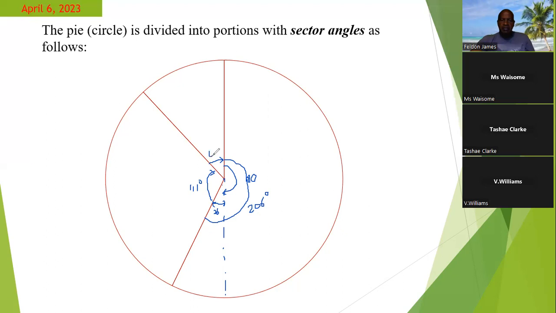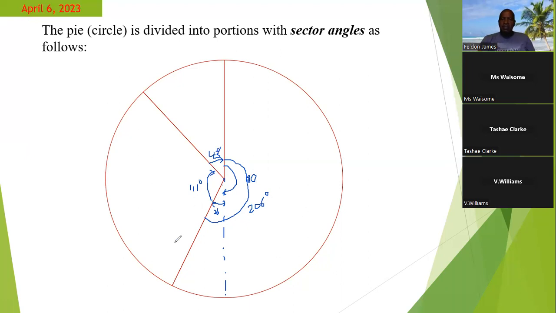And by doing this, you would have gotten accurate measurements for each sector. Each slice that we have here would be a sector. So the first sector, this big slice, would be 206 degrees in terms of the sector angle. The other sector would be 111 degrees, and the smaller sector would be 43 degrees.